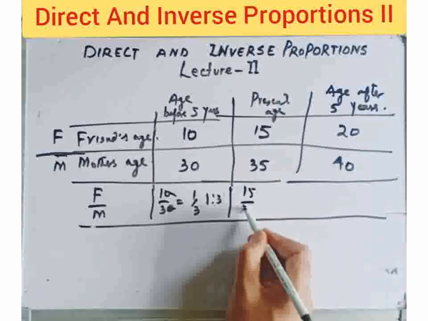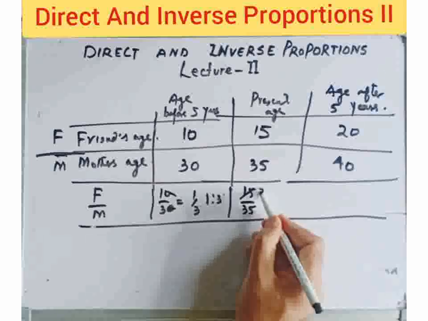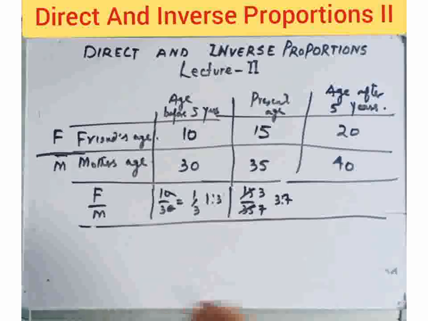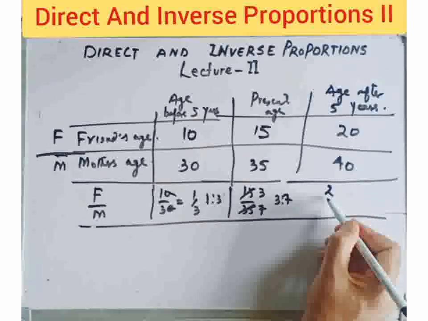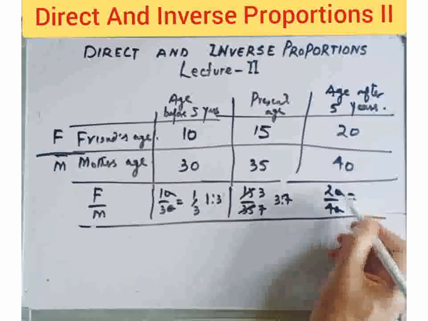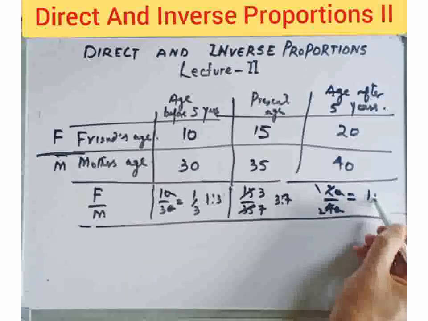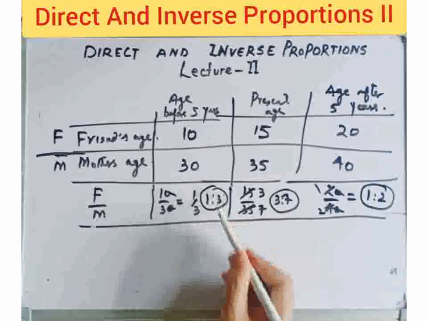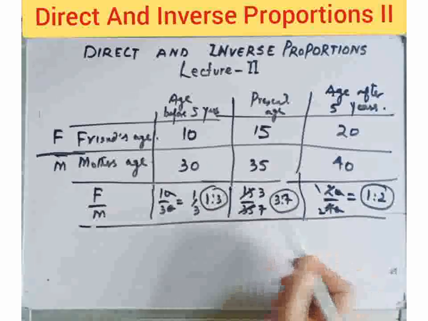Then 15 divided by 35, 5 3s are 15, 5 7s are 35. So here it will be 3 is to 7, and here 20 divided by 40, that will be equal to 1:2. You can see that each time the ratio is different.